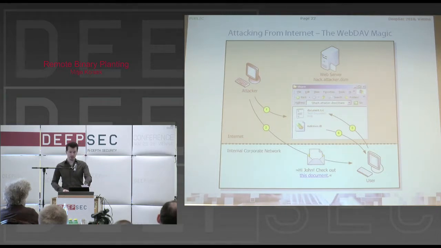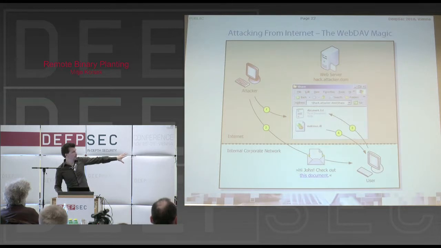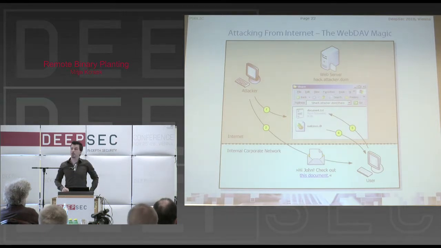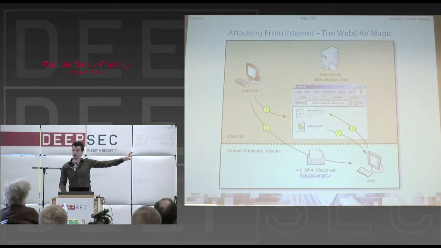Now, what we have here on this picture, we have the same internal network at the lower side of the slide, and we have the internet on the upper side of the slide. So the attacker just sets up a web server, enables WebDAV, creates a share on the server, and then he has to get the user to access that share.